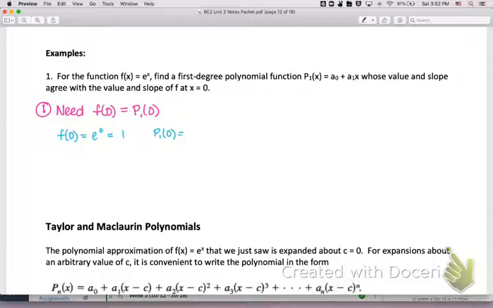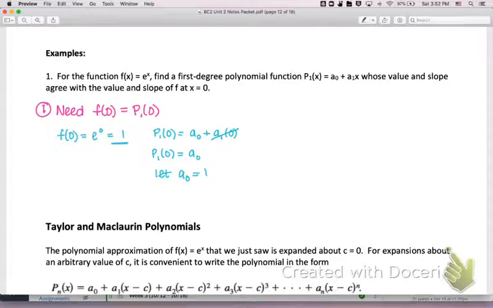That means then that we need p1 of 0 to be 1. We know that we're going to start with a sub 0 plus a sub 1 times x, and we know that x is 0. Okay, we don't know what the a's are yet. That's kind of the point. Well, this is going to be 0, so I know that whatever p1 of 0 is, that's what I need a sub 0 to equal, and so we're going to let a sub 0 equal 1.